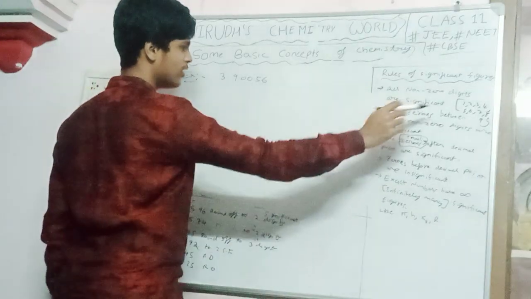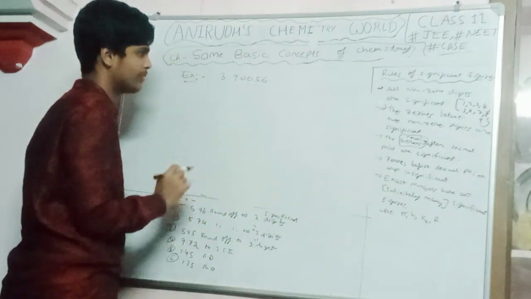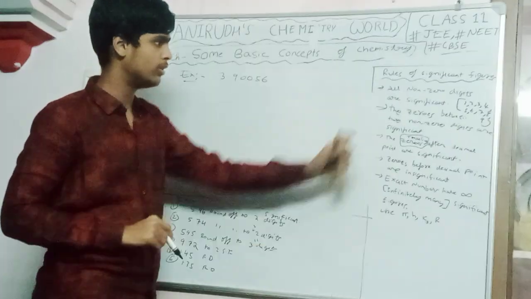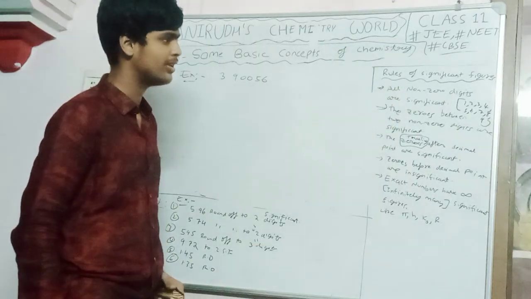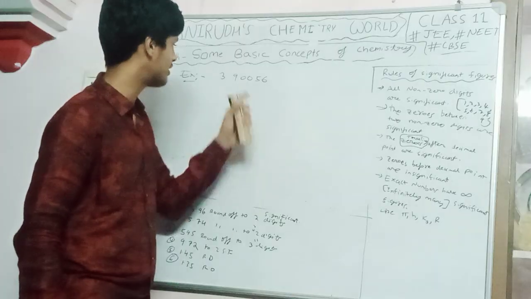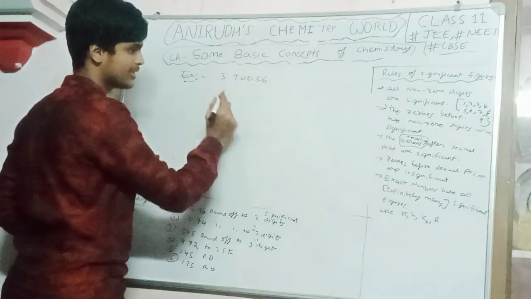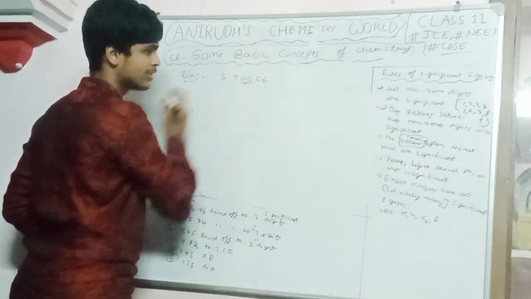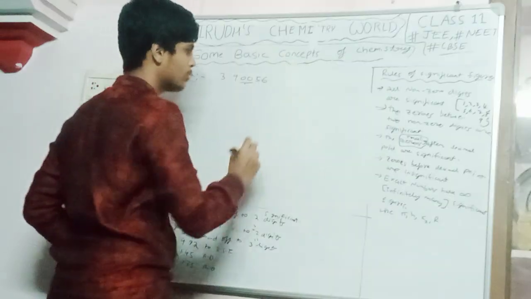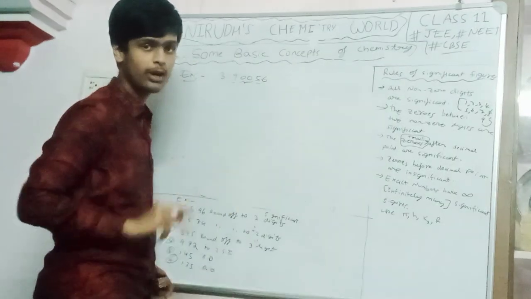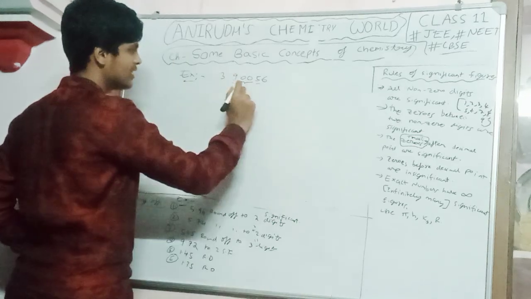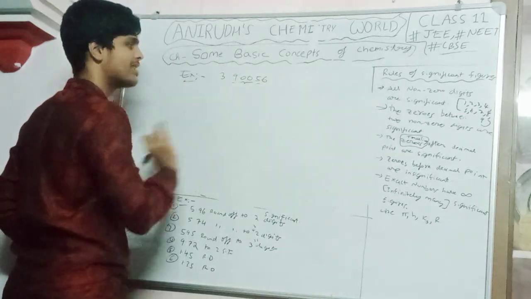According to this, the zeros between two non-zero digits are significant. You may say that all non-zero digits are significant, so why here will the zeros be significant? Because according to the rule, the zeros which are present between the two non-zero digits, 9 and 5 are two non-zero digits, right? So these zeros between the two non-zero digits are significant.